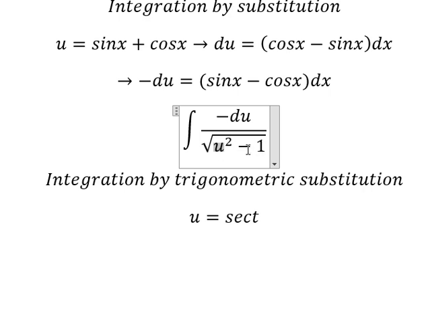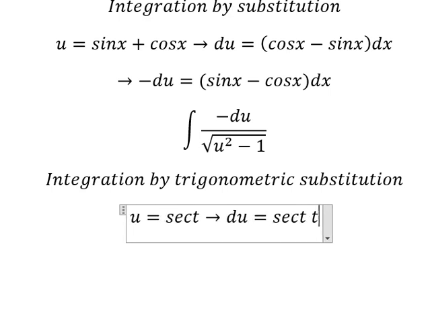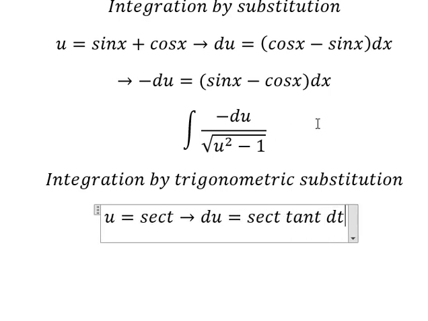This one we need to transform into tan² t, and later we simplify the square root and du. du is sec t tan t dt.